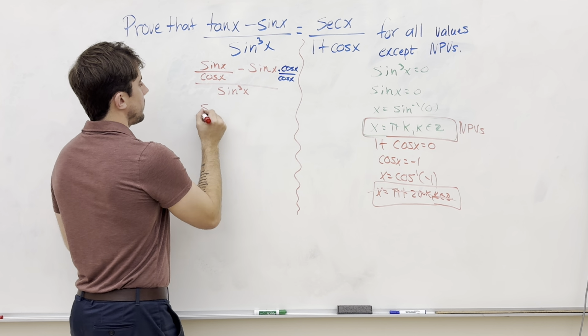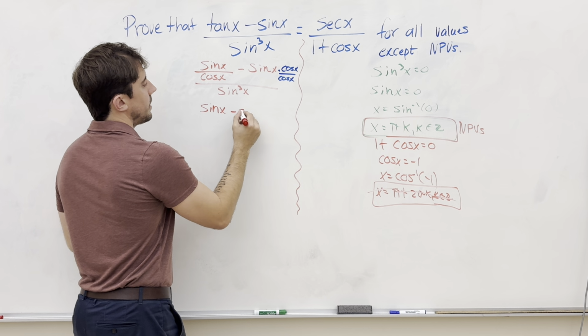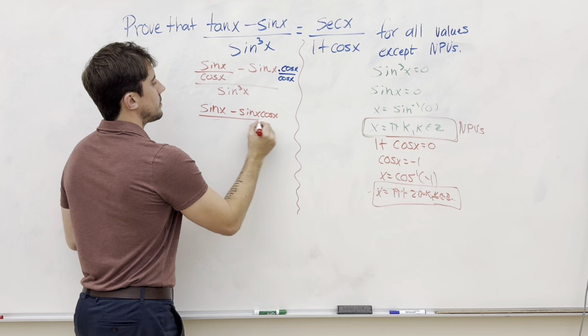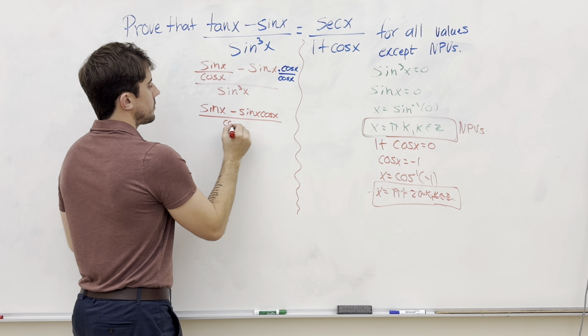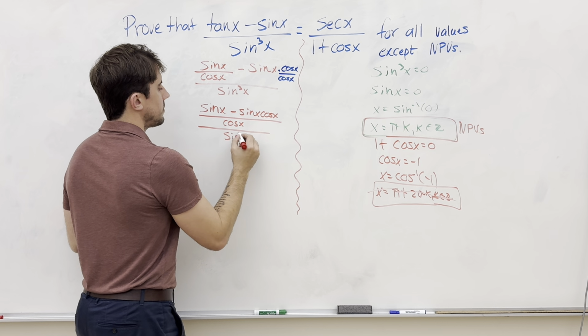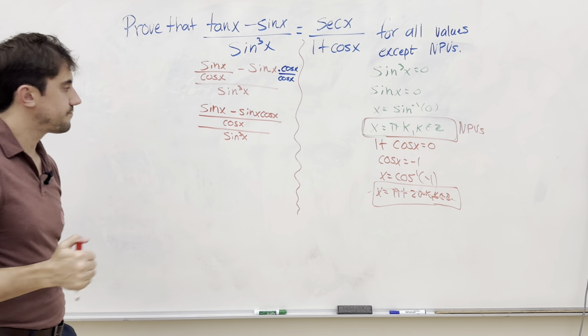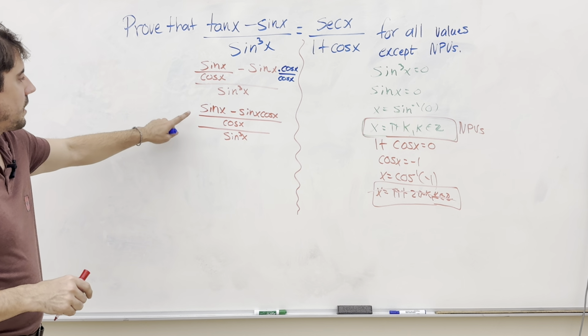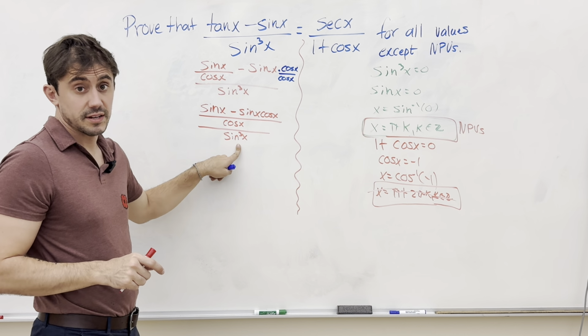And now we'll have sine x minus sine x cos x all over cos x all over sine cubed x, right? And now we have a fraction divided by sine cubed x.